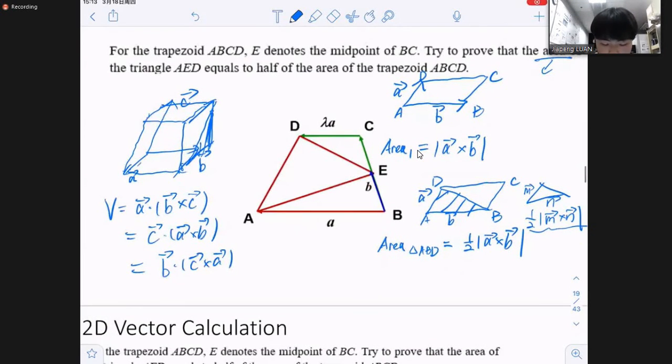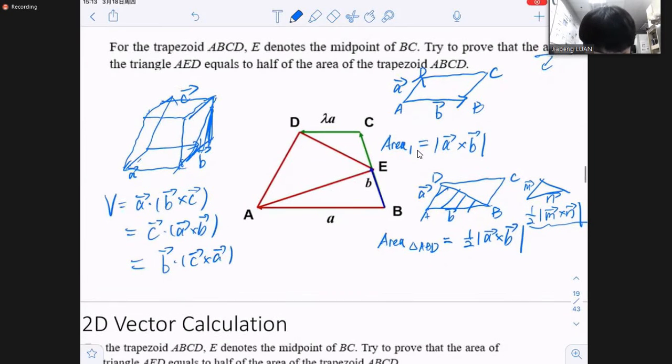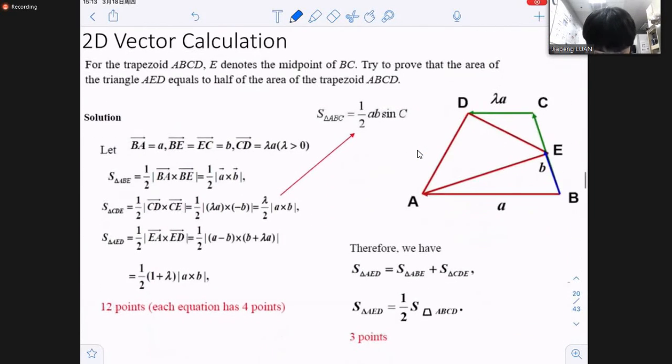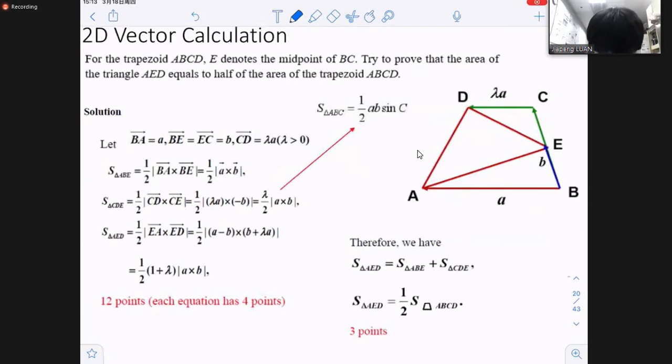And then back to this problem. E is the midpoint of BC, and try to prove that the area of the triangle AED equals half of the area of the trapezoid ABCD.